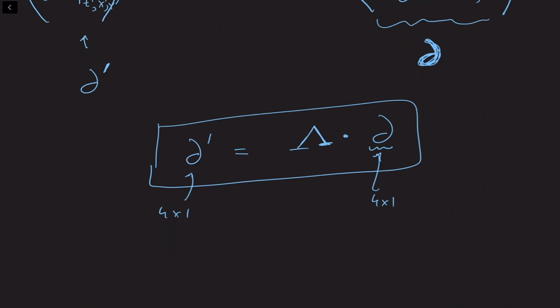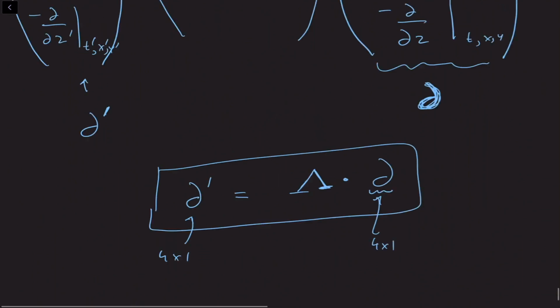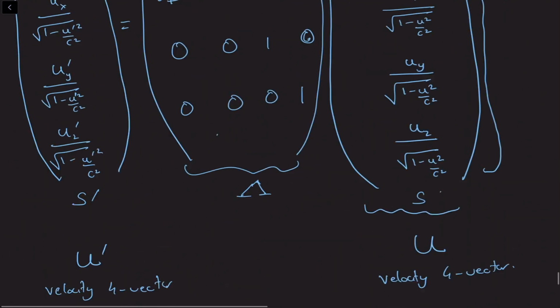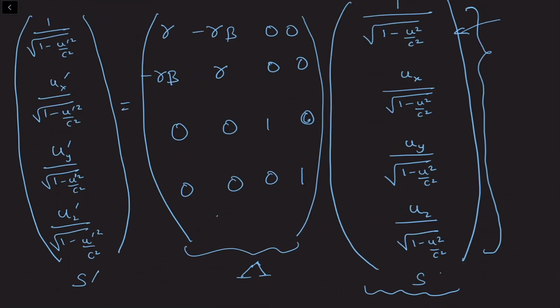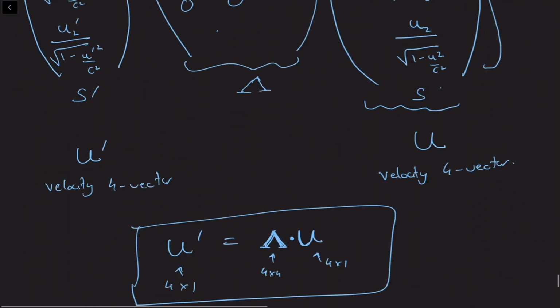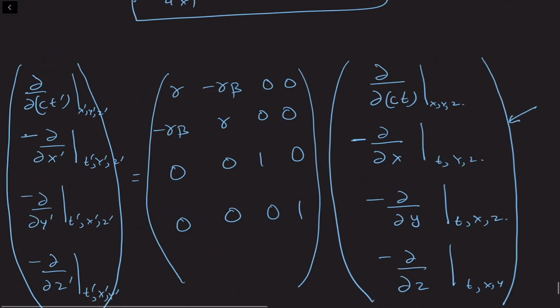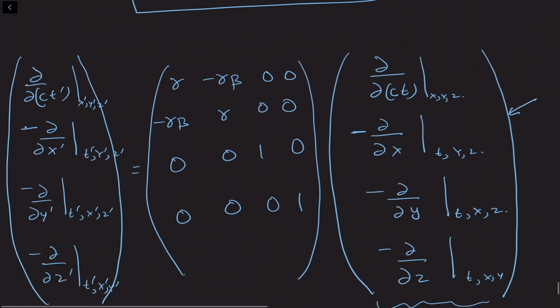So what we see is that if we find the right combinations of variables, that is, with velocities we need to find this particular combination over here, and with derivatives we need to take this particular combination where the first derivative with respect to time has a positive sign and the other derivatives have negative signs.